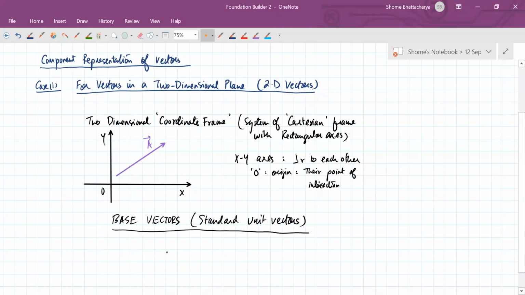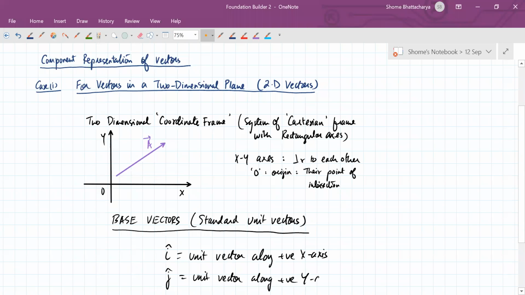There are two such defined. i cap is a unit vector along the positive x axis, and the second base vector, or the second standard unit vector, j cap, is the unit vector along the positive y axis.